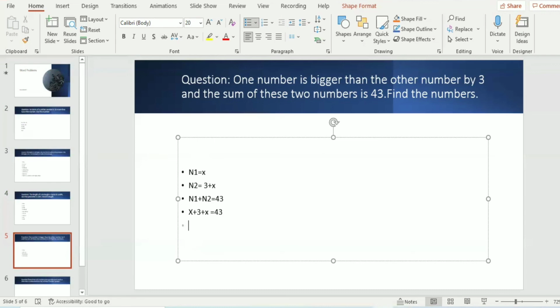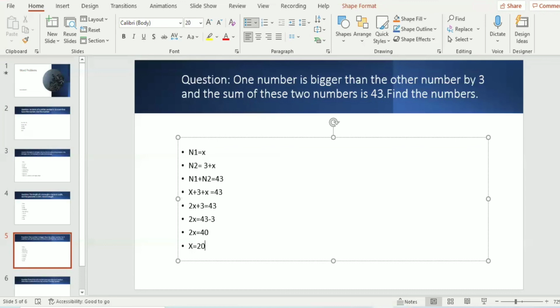So here we have 2x plus 3 is equal to 43. Now we have 2x is equal to 43 minus 3, as we take this 3 to the other side and its sign changes, so it becomes negative. Now we have 2x is equal to 40, or we have x is equal to 20, as 40 is going to be divided by 2.